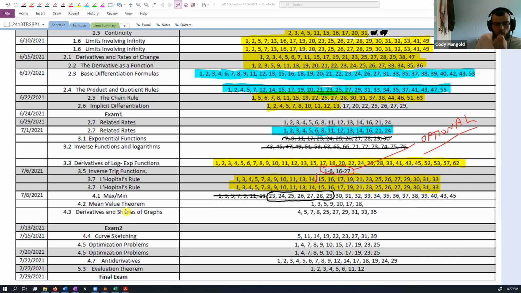It'll have 2.5 and 2.6 on there as well, right? Yep. We only got up through 2.4, so it's going to be a pretty intense test: chain rule, implicit related rates, exponential log, L'Hopital. Let's see how things go on Thursday, and that'll determine what will be on the test, but expect a review.